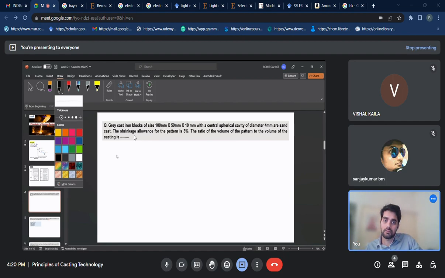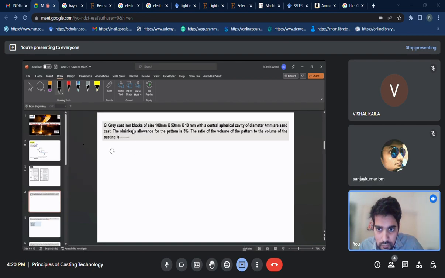I will be solving this problem to tell you how we can proceed with this. As it is given, the shrinkage allowance is 3%. The shrinkage allowance will be given on each side, 100 mm, 50 mm, and 10 mm, while on the diameter part, we need to do the same.